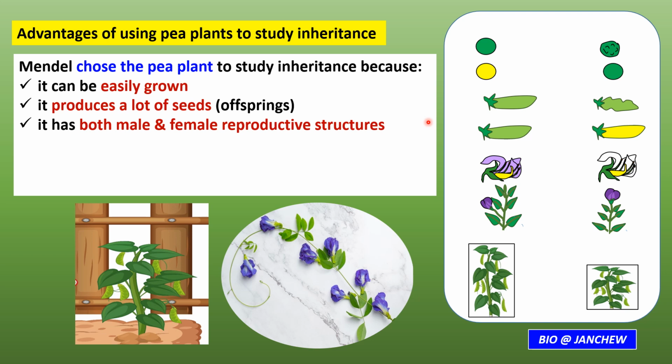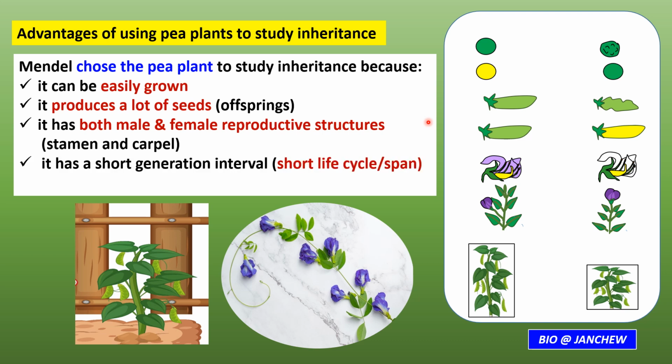Now, pea plants also have both male and female reproductive structures, that is the stamens and the carpels. And it has a short generation interval, meaning a short life cycle of about 2 to 3 months.